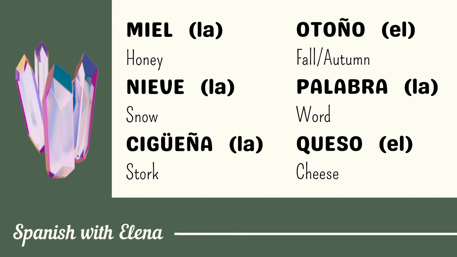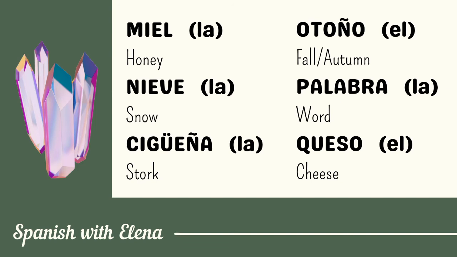In Spanish, it is pronounced like the letter B, la letra B. So don't say nieve, okay? But nieve, la nieve. Tercera palabra, cigüeña, la cigüeña.